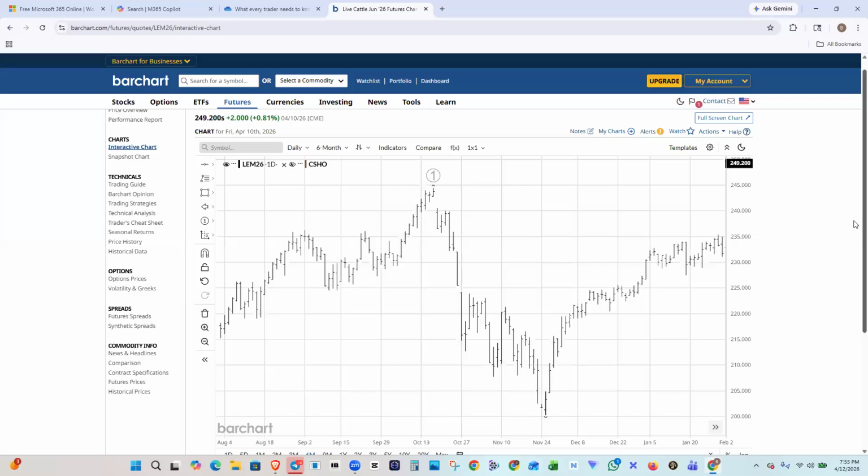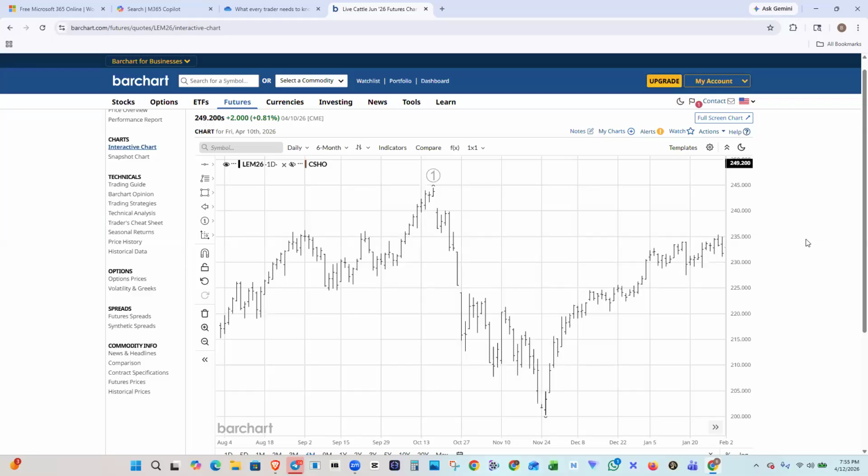For those that don't know, most cattle, especially the feeders, go to market in October, November for those large facilities, the large cow-calf operations. So there's a large influx of feeder cattle.